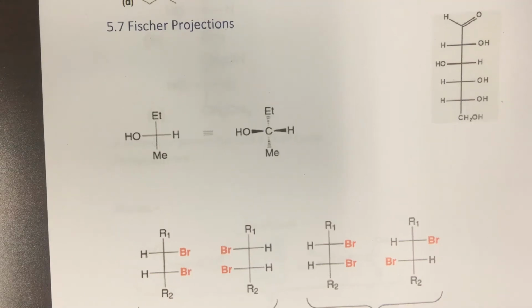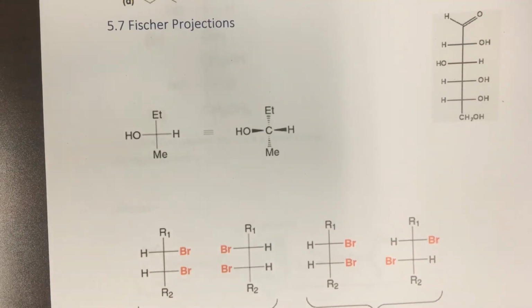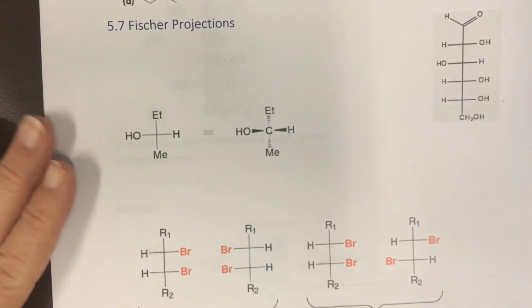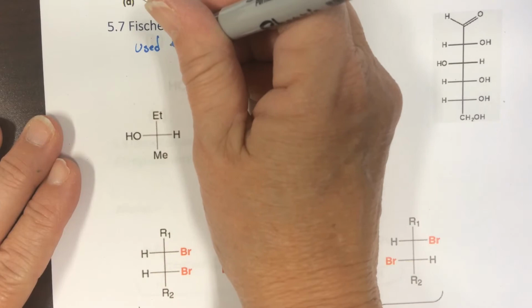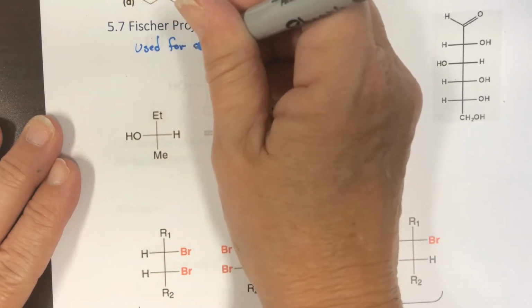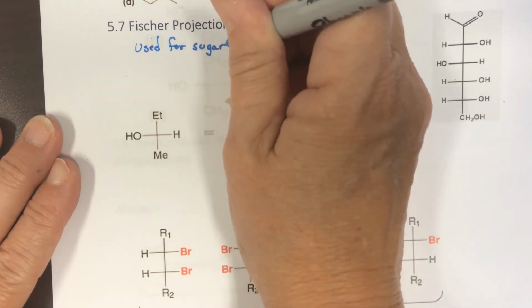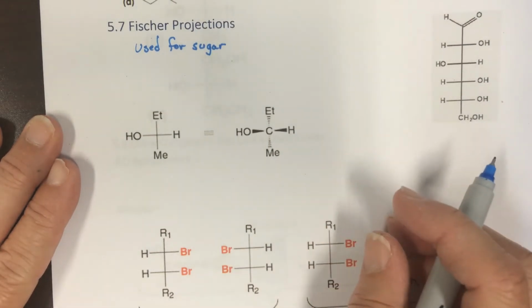So here we have yet another way to draw molecules, a Fischer projection. Fischer projections are used frequently for sugars, because sugars have so many chiral centers in them.